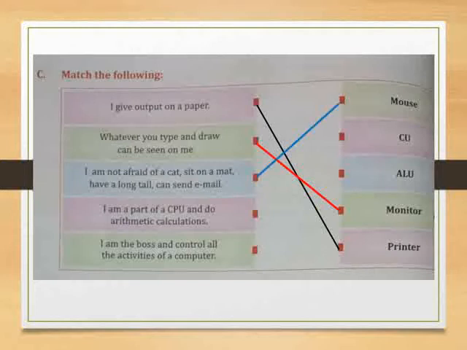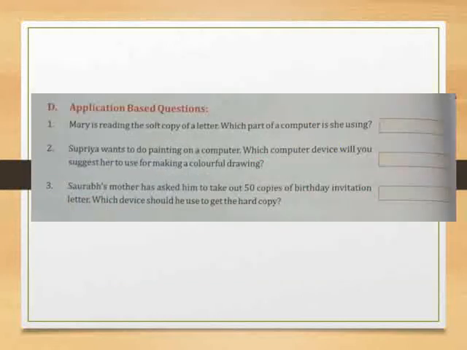I am a part of CPU and do arithmetic calculations. Who does all the arithmetic calculation? It is ALU. Next, I am the boss and control all the activities of computer. Who controls all the activities of computer? It's CU.